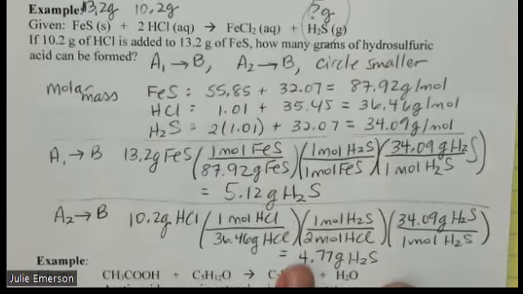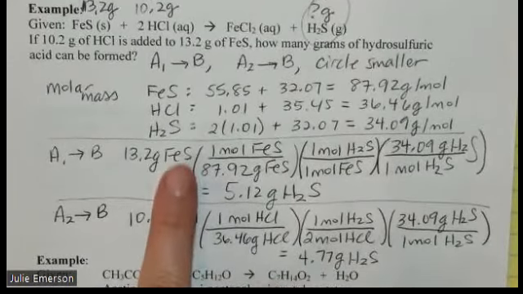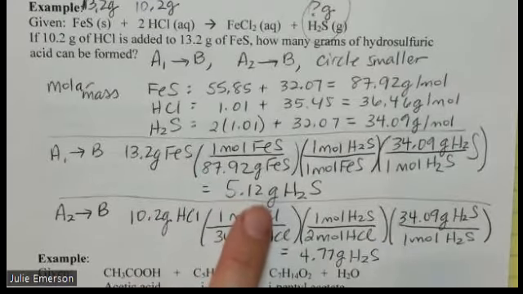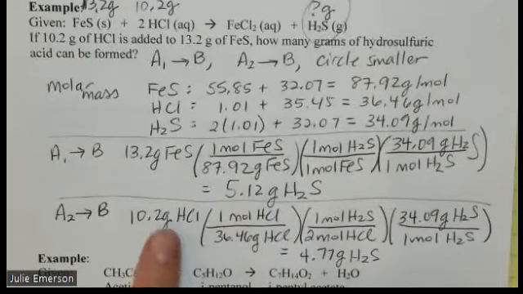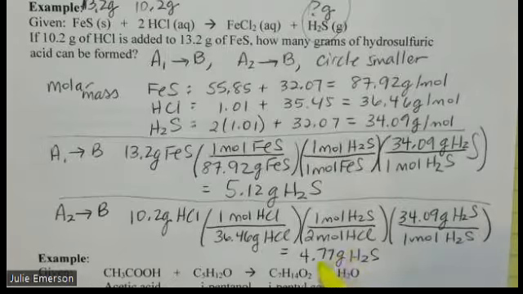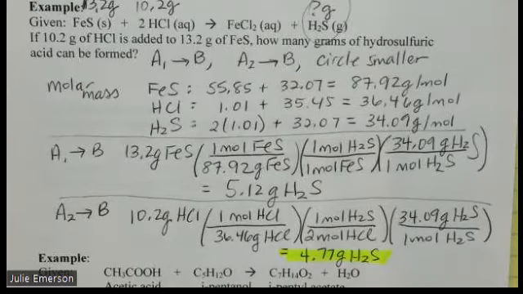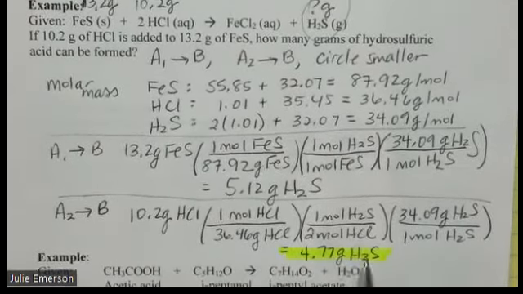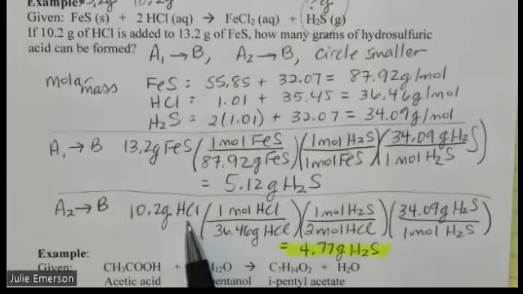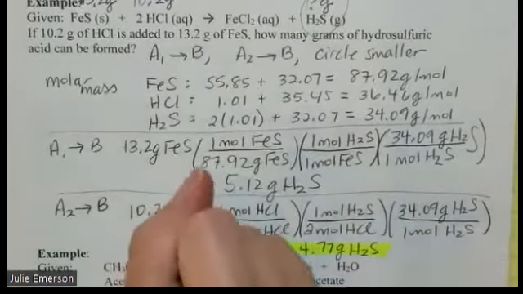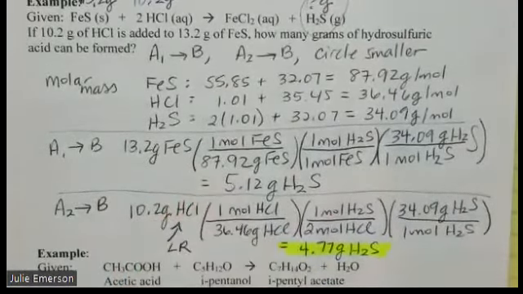So basically what our calculations told us is we had enough FeS to get to 5.12 grams of H2S. But with the HCl, I only had enough to get to 4.77 grams. So that 4.77 grams is our max theoretical yield. It's a little counterintuitive that the smaller number is your max yield. But what this tells me is that the HCl is going to run out first. So this is my limiting reactant, LR.